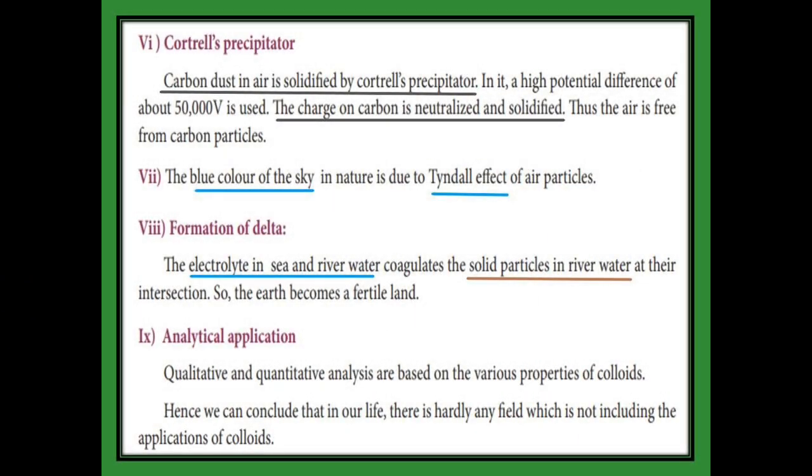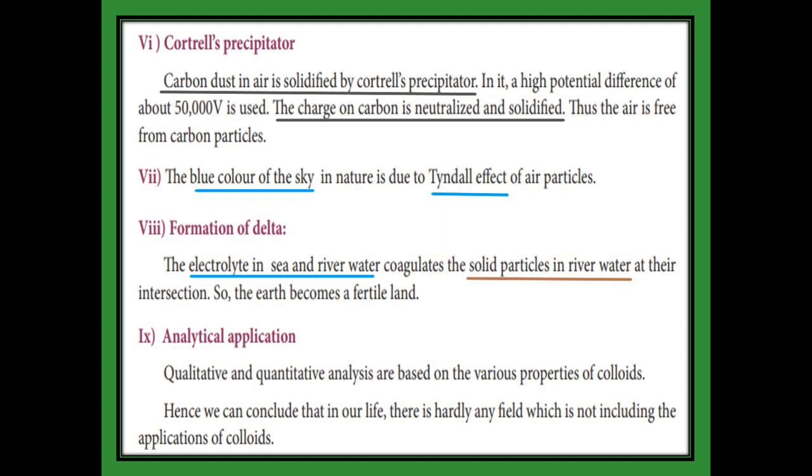In air there are so many dust particles, mainly carbon particles. From the smoke, what is smoke? The carbon particles are distributed in air. So we have to separate these carbon particles by using the Cottrell precipitator. Here in the Cottrell precipitator, a high potential difference, that is 50,000 volts, is used.